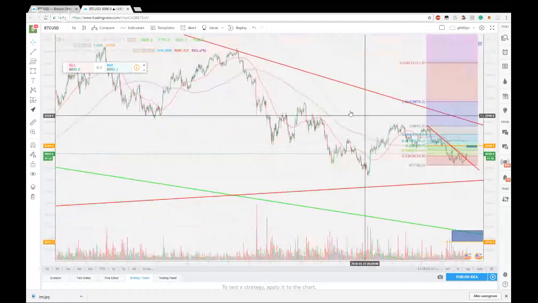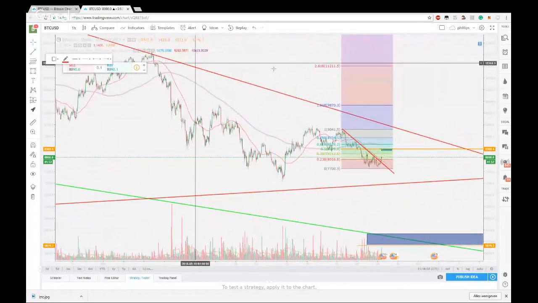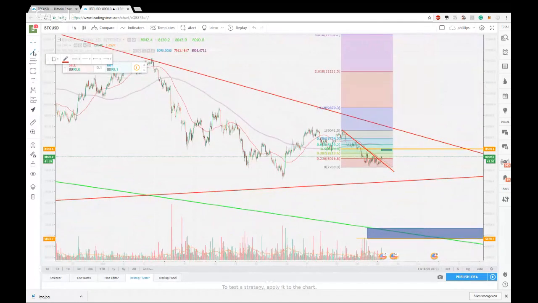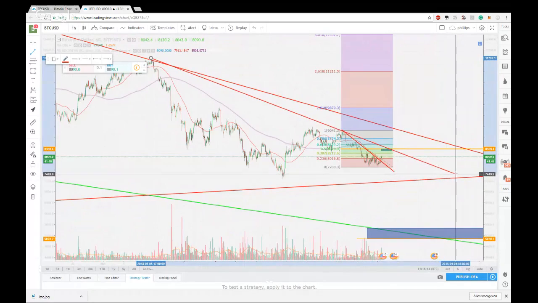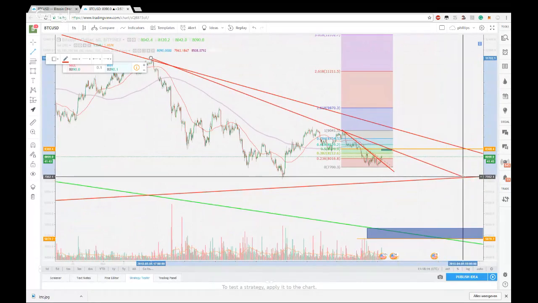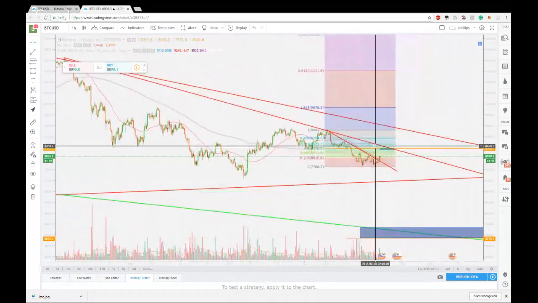For the longer term, which is currently the hourly, just a small second, there you go. This is what I'm looking at right now. And as you can see, this perfectly matches my target.